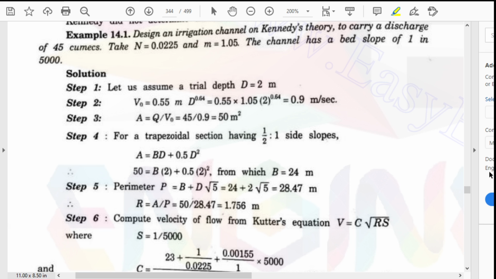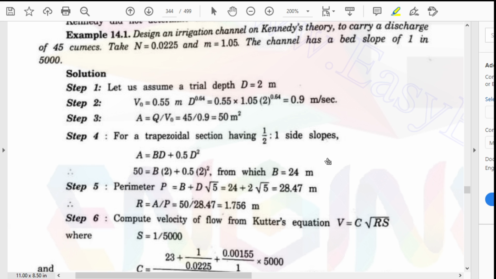Now, as I have already explained, they have considered the sections to be trapezoidal, and the side slope is half to 1. The formula for area and the formula for perimeter you have to learn by heart, no need to derive any other formula. You will get area equal to BD plus D square by 2, that is 0.5 D square.